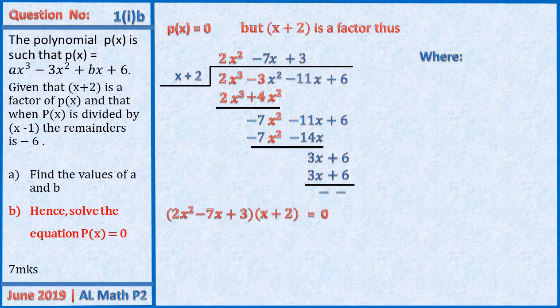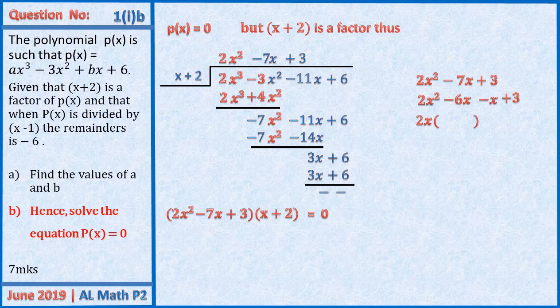And we can factorize this quadratic equation, where 2x squared minus 7x plus 3 can be written using the two numbers that when we multiply, we have 6, and when we add, we have minus 7. We have minus 6x and minus x. So we put that in the equation and we group. For the first group, we have the common factor to be 2x. 2x squared divided by 2x gives us x, and minus 6x divided by 2x gives us minus 3.